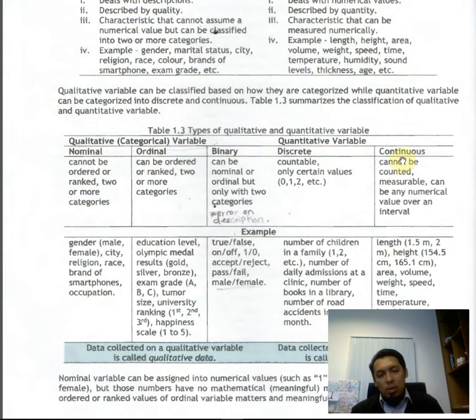As for continuous, you cannot really count it, but you can measure it because it can exist in decimal places. So for discrete just now, after 0 you have 1, right? Basically, what is the number that you have between 0 and 1? None, or 1 only.